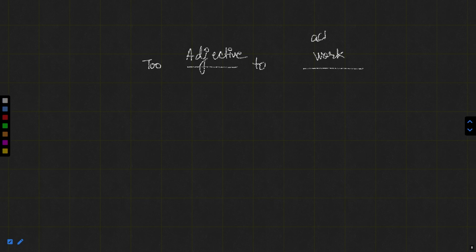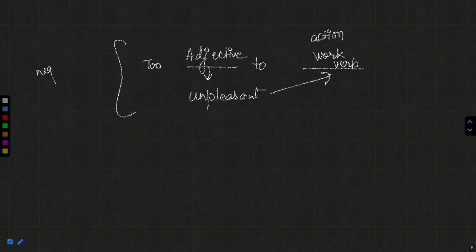action. So we are using a verb over here and we are using an adjective over here, and this adjective should be unpleasant for this work, or it should be in a structure, because this will make the sentence negative. Therefore it should be a structure like, whatever quality you have over here, it should not enable you.